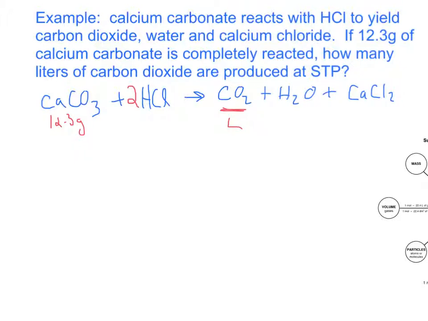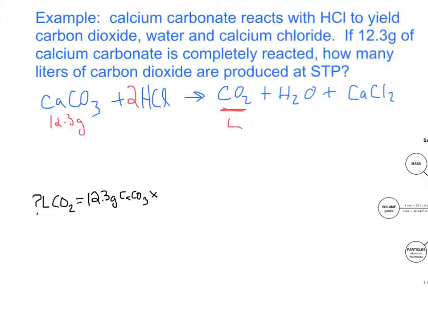All right, so again, start by what you're looking for. We want our output to be liters of CO2. Write down the given value or the starting amount, 12.3 grams of CaCO3.